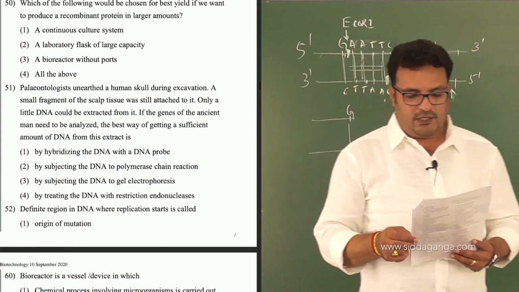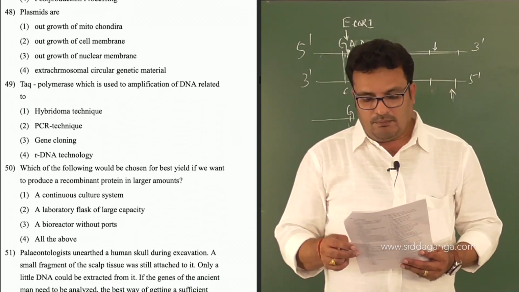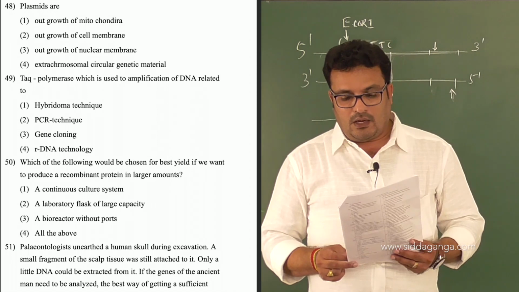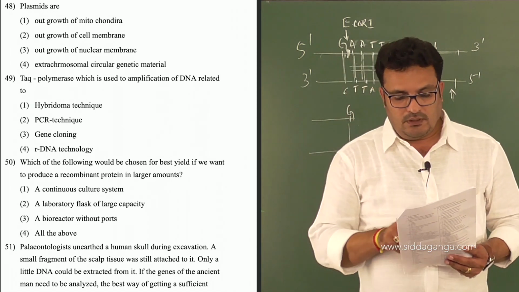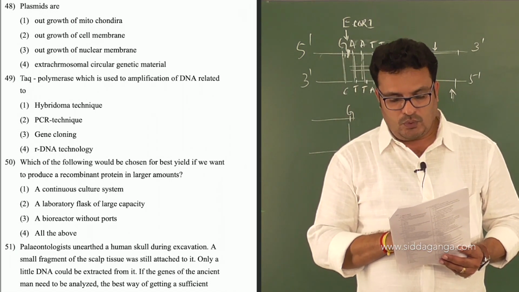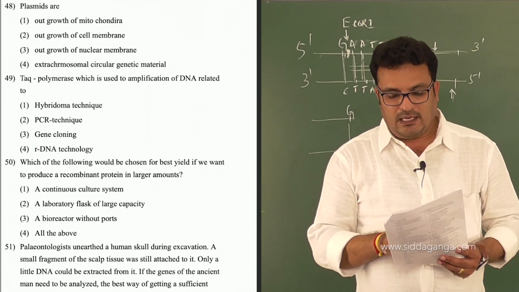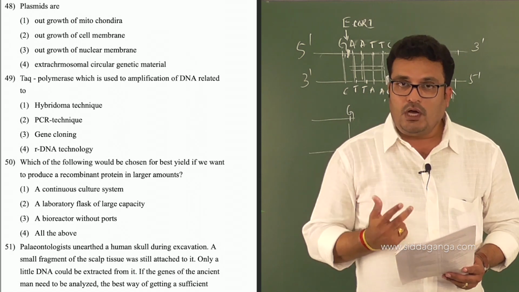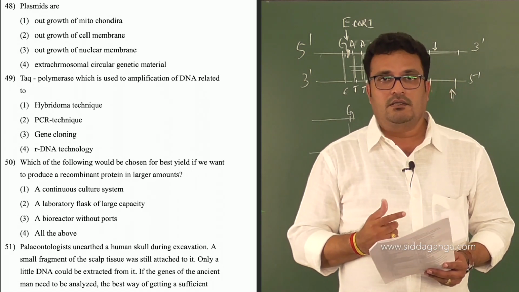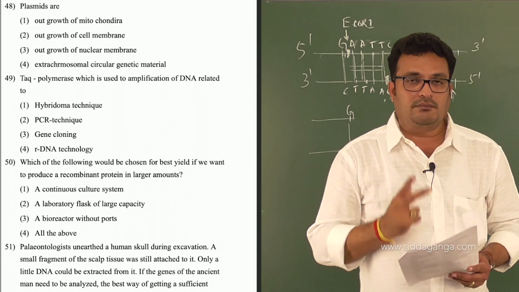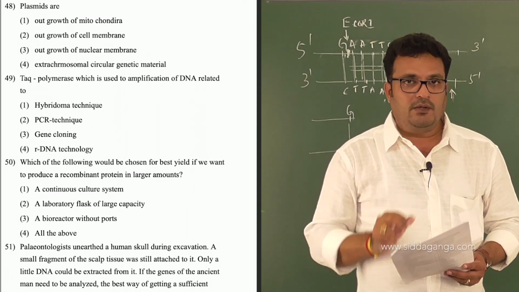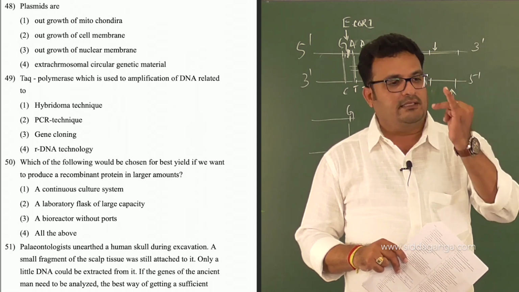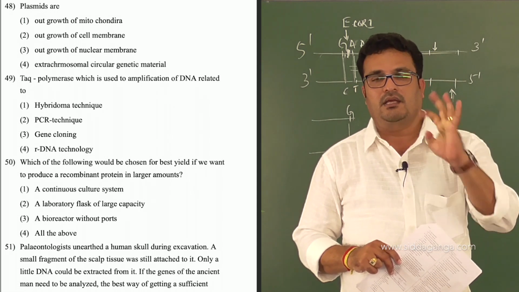Not 44, 48. We will move on to 48. Plasmids are outgrowth of mitochondria, outgrowth of cell membrane? No, they are not at all outgrowths. They are extra-chromosomal, self-replicating, circular, double-stranded DNA. I told you many times: self-replicating, extra-chromosomal, circular, double-stranded.